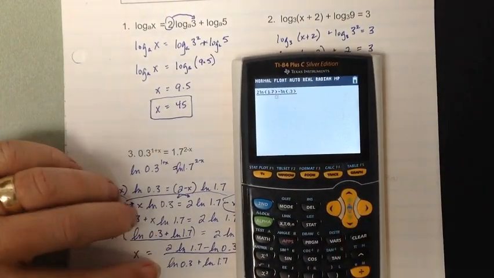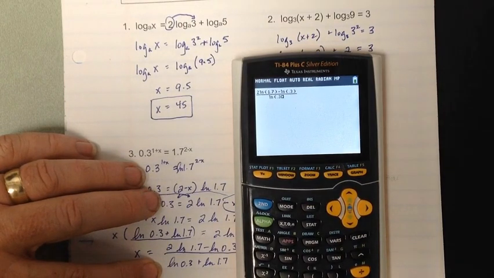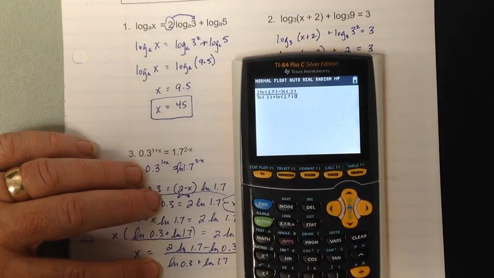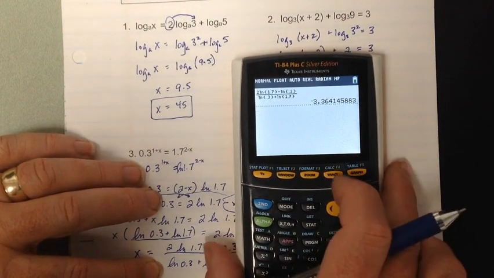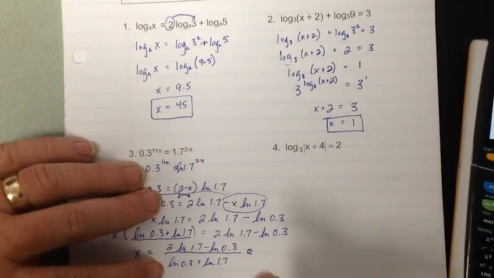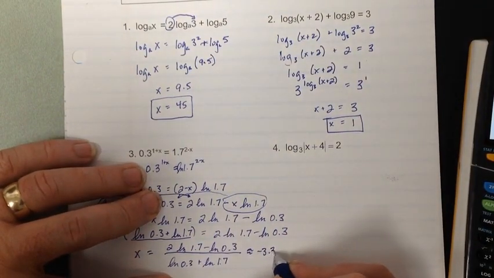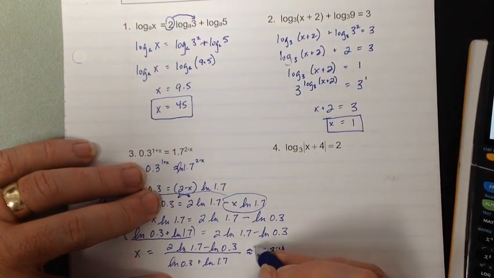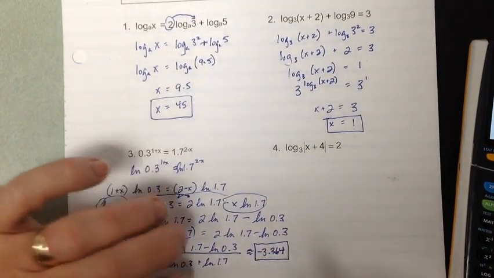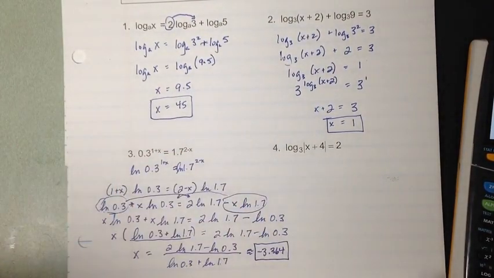And now on the bottom of the fraction, natural log(0.3), close my parentheses, plus natural log(1.7), close my parentheses. And my answer is negative 3.364. Negative 3.364. And then I could check that pretty easily. Okay?